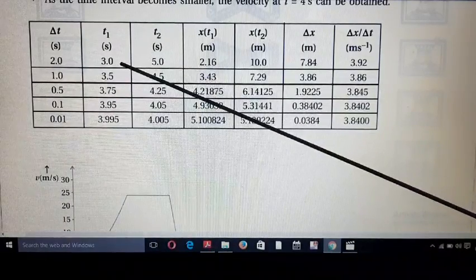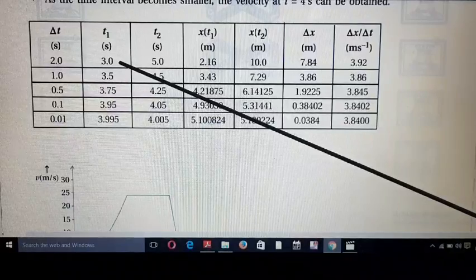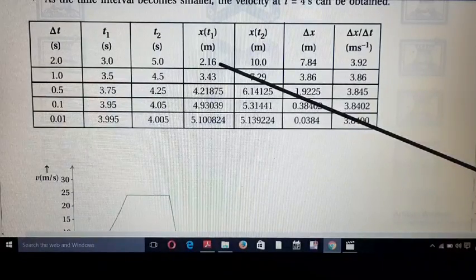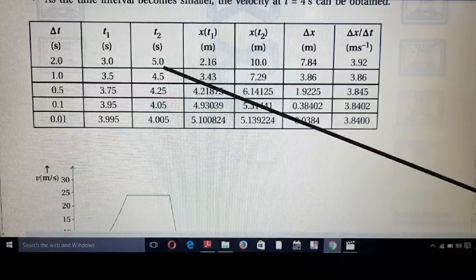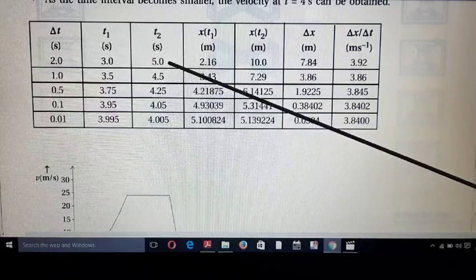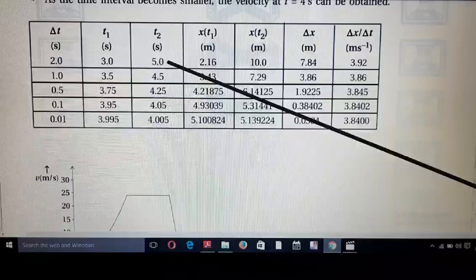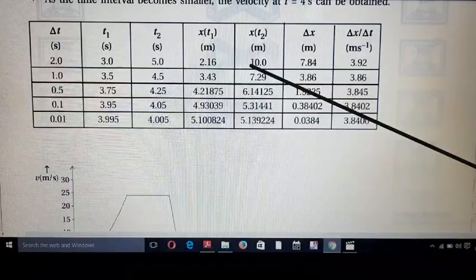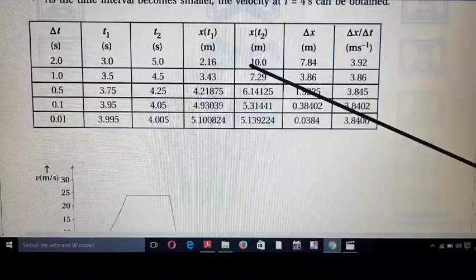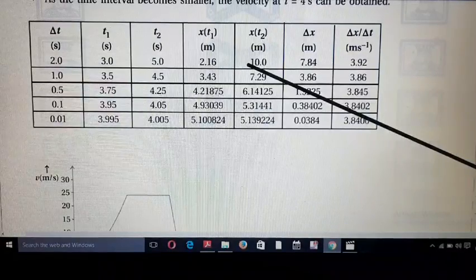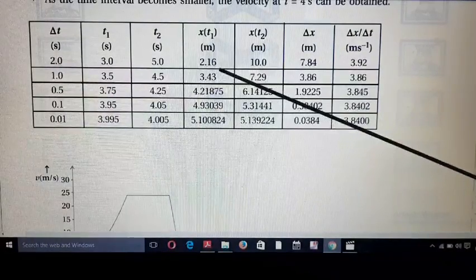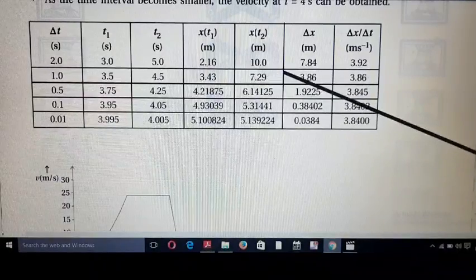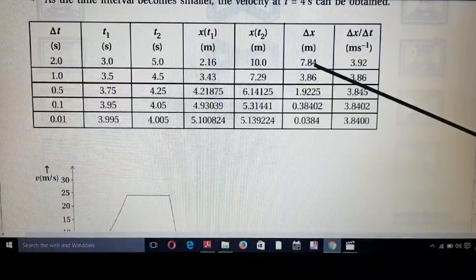At 3 seconds, the displacement is 2.16 meter, and at 5 seconds the displacement is equal to 10 meter. So first we want to find delta x, meaning x(t2) minus x(t1). We calculate with the help of a calculator, and we get delta x as 7.84.